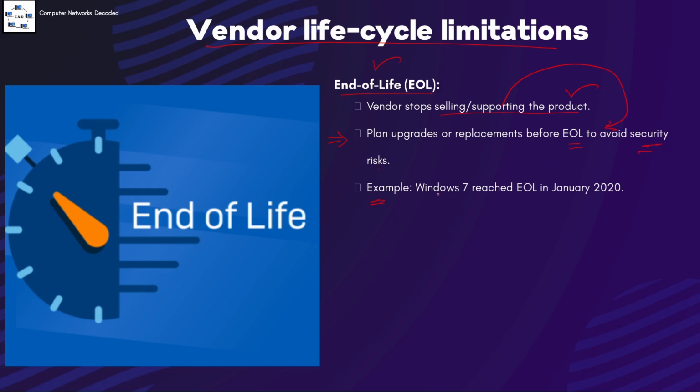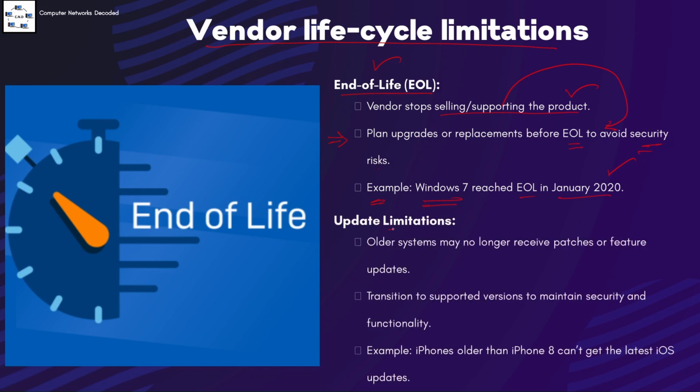For example, Windows 7 reached its end of life in January 2020. So anyone using Windows 7 beyond that, even in 2025, will have security risk and security vulnerabilities because Microsoft is no longer releasing security patches for this particular operating system.